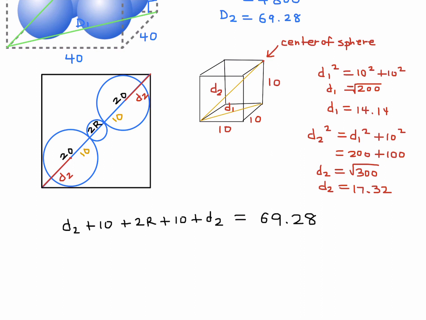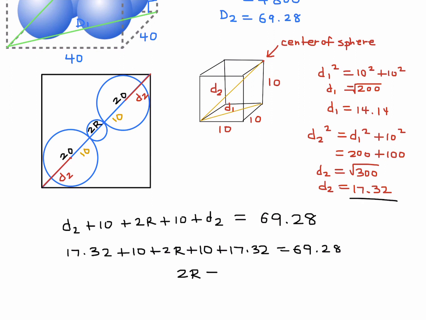And there we go. We have enough now to solve the question. d2 is 17.32, so put that in here. Plus 10 plus 2r plus 10 plus 17.32 is 69.28. And then at this point we just solve.